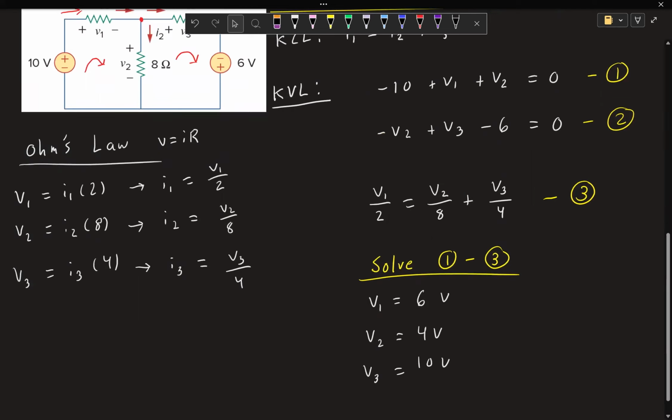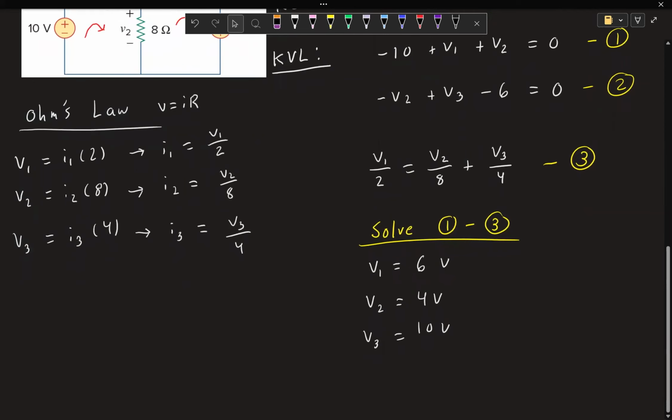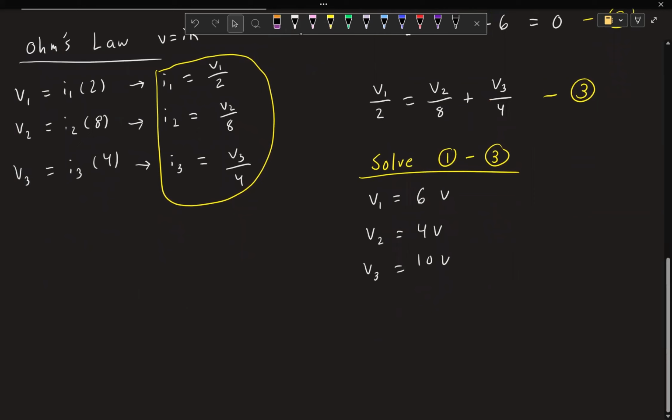So now we have the voltages. That's half our answer. Now we need the currents. But if we take a look at these equations right here, since we have the voltages, we basically have the currents. So all we do is we plug in these voltages into here. So now I1 is going to equal V1 over 2, which is just 6 over 2 equals 3 amps.